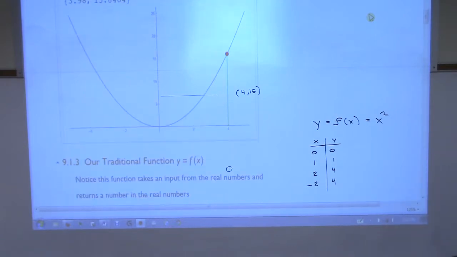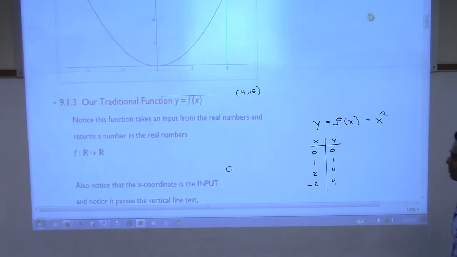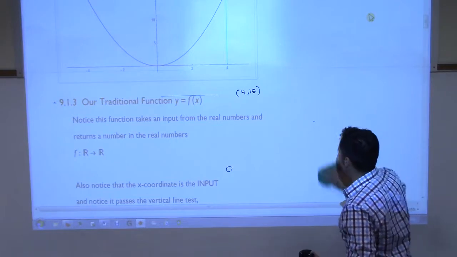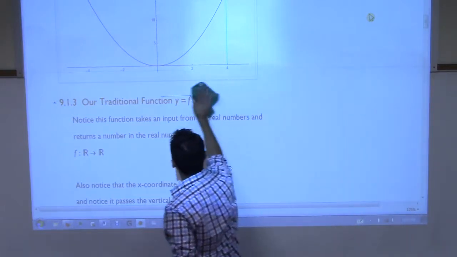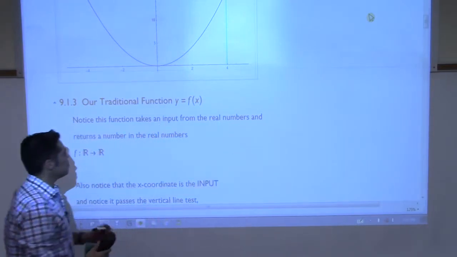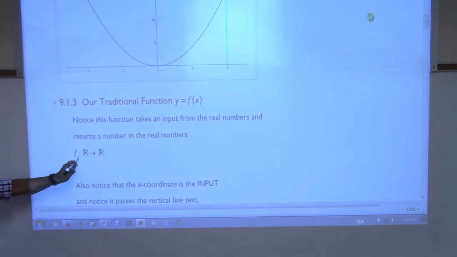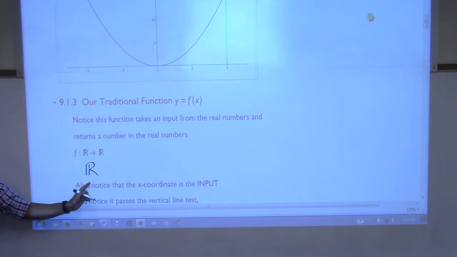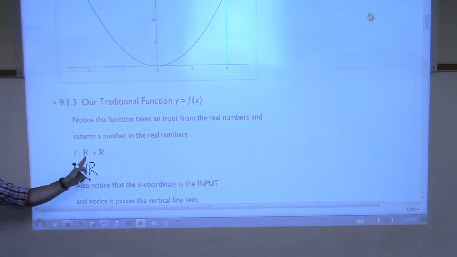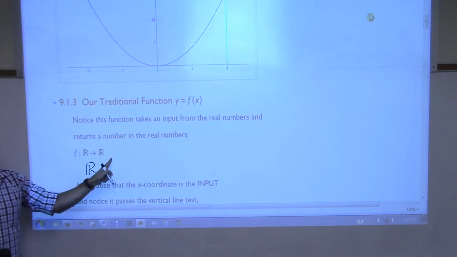Now, when we look at it this way, input, output, we can use a slightly different notation and say that our traditional functions of x take a real number. So this is the double-struck capital R, which we use for all real numbers. This takes real numbers and spits out real numbers, right?